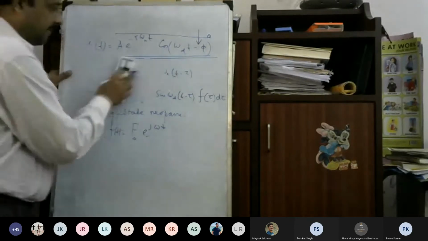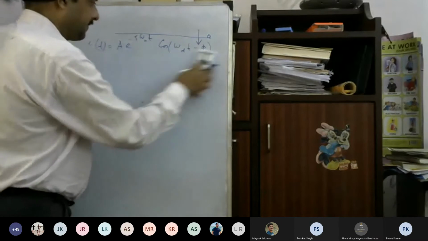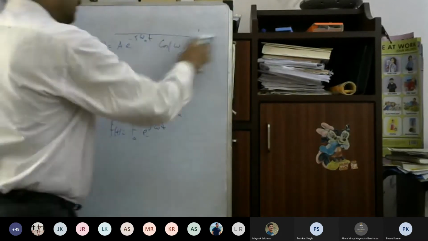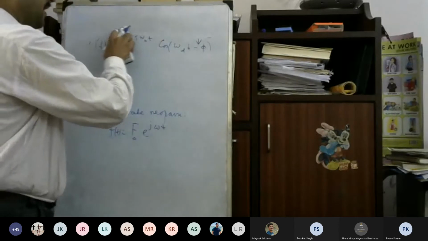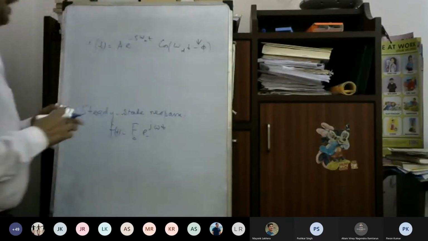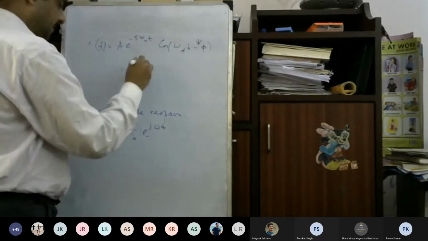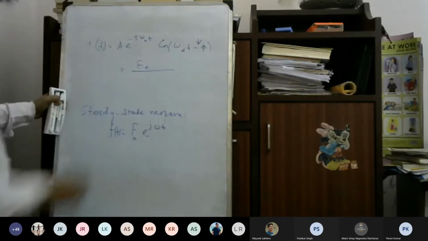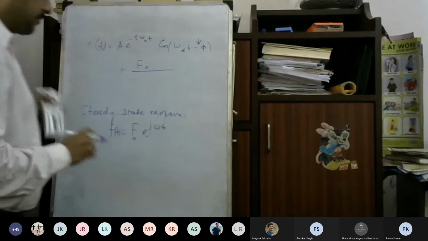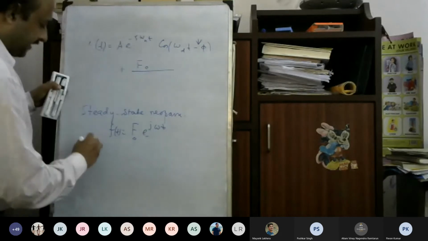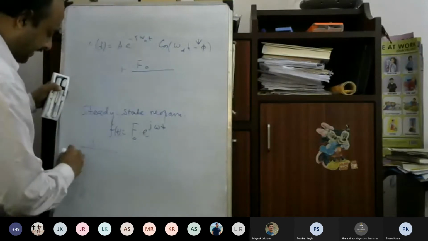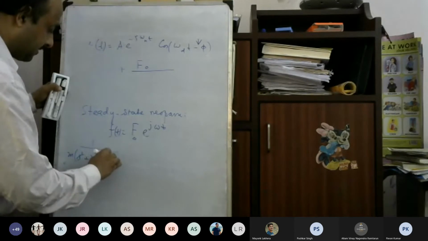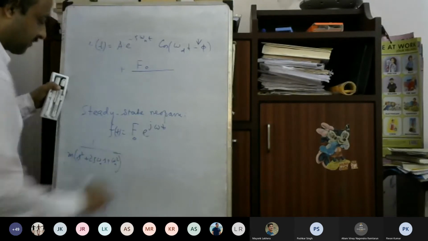One part will be there, and the other part will be f naught divided by m times 1 by (s square plus 2 zeta omega n s plus omega n square).